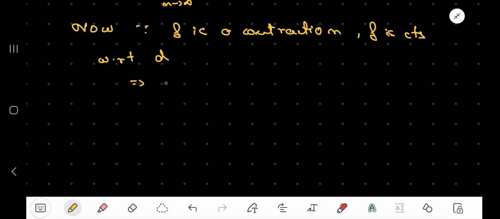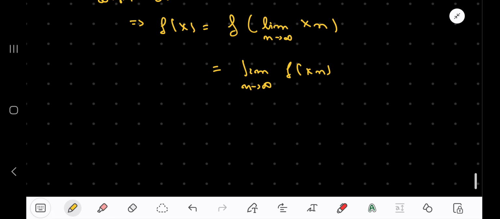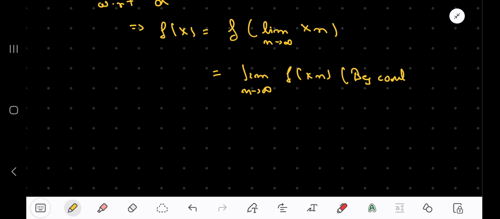This implies that f of x, which is f of the limit as n tends to infinity of x_n, becomes the limit as n tends to infinity of f of x_n by continuity of f.